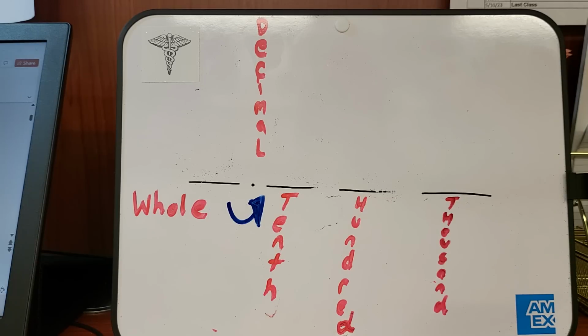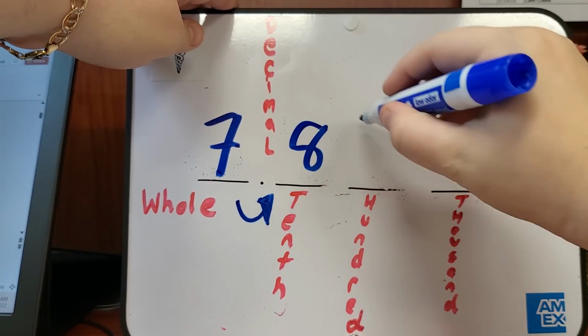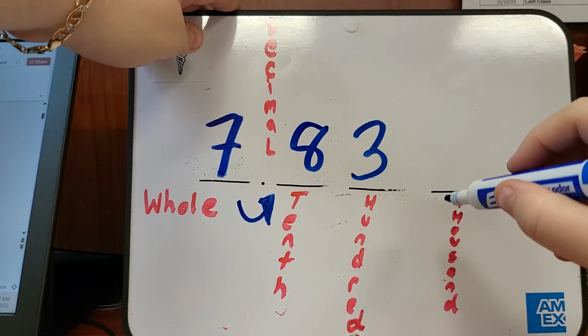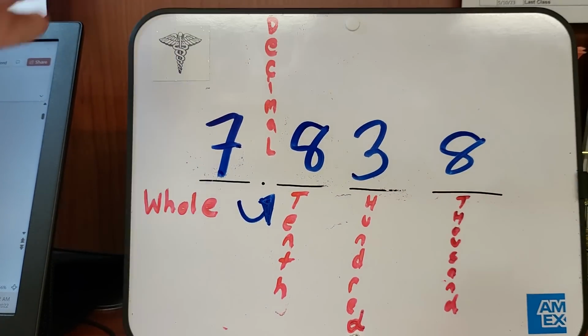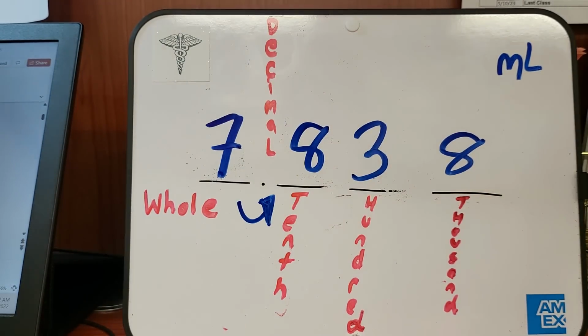It must be at least to the tenths, or maybe we cannot inject in like a sub-Q or an IM injection. We cannot measure with our eyes 7.838 of a medication. Let me give you an example. 7.838. The question may express this in mLs.